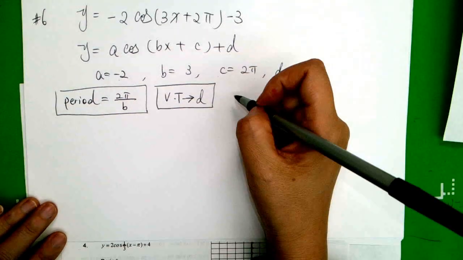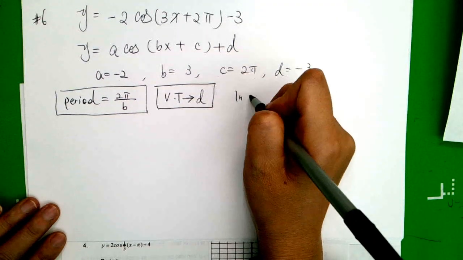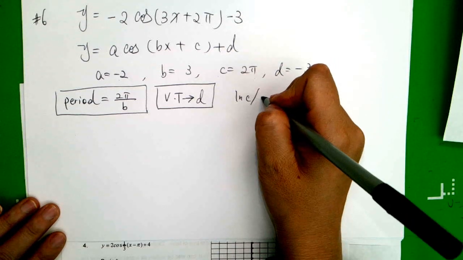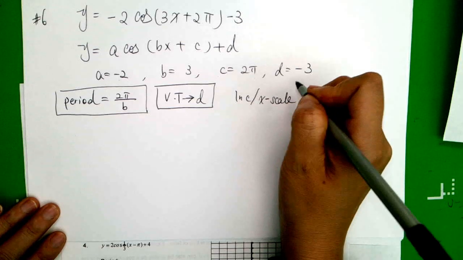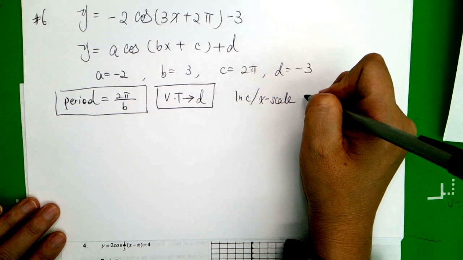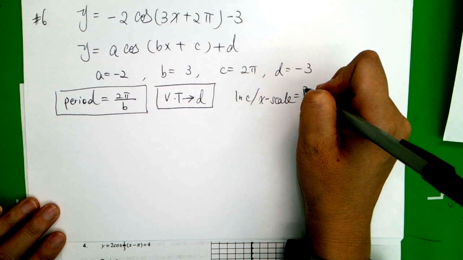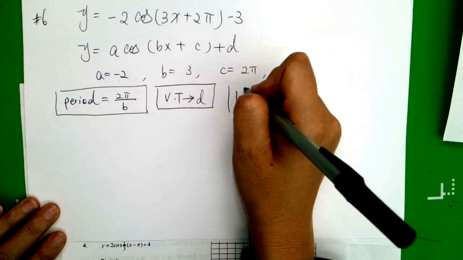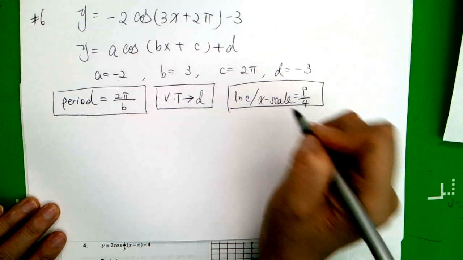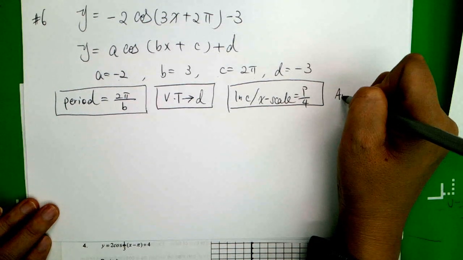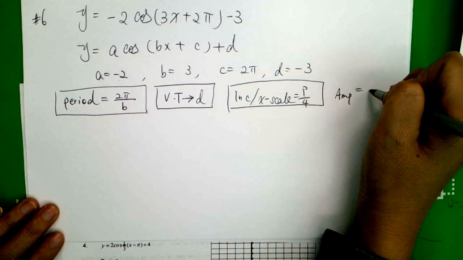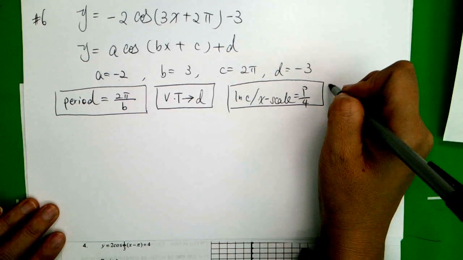We need to know the increment, which is how we label the x scale. It's decided by the period divided by 4. We need to know the amplitude, which equals the absolute value of a.